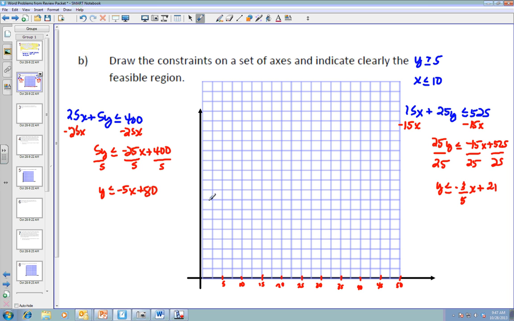I'll do the same thing on the other axis: 5, 10, 15, 20, 25, 30, 35, 40, 45, 50.